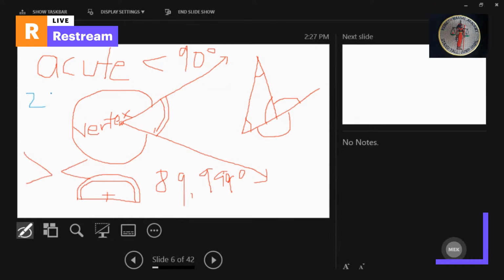So 25 degrees is acute. 40.5 degrees, you can write it as a fraction. 1.7 degrees. Once it's less than 90, positive angles less than 90 are acute.